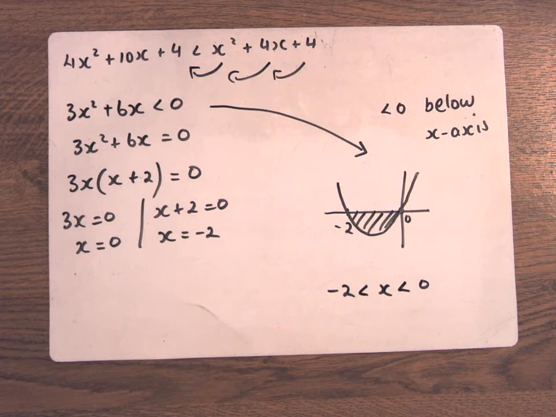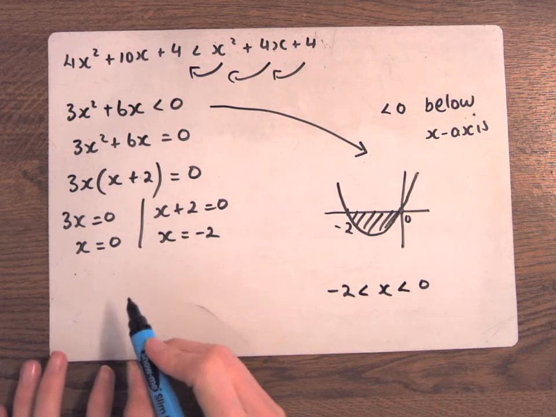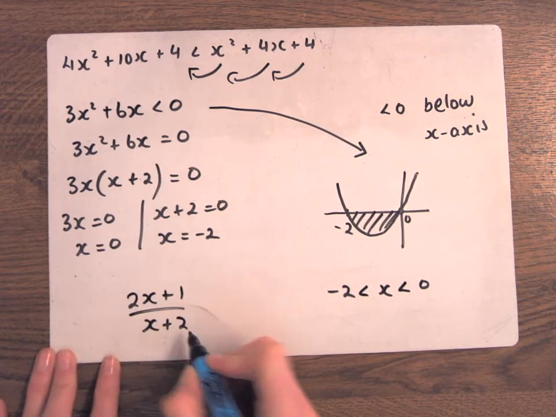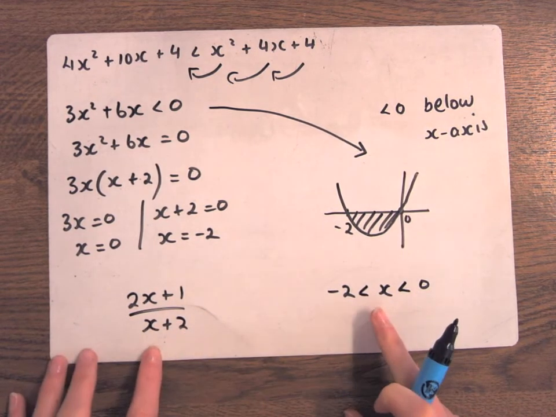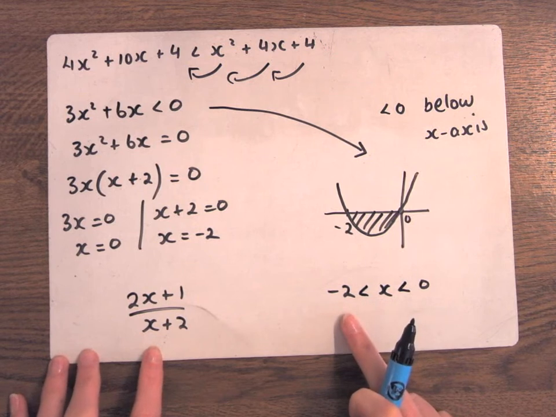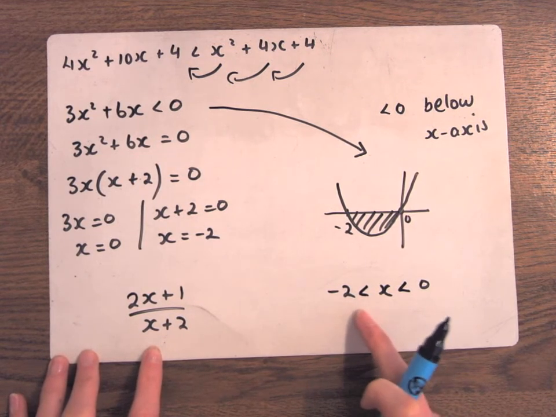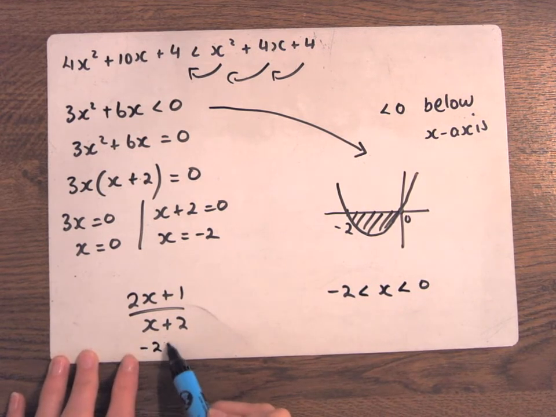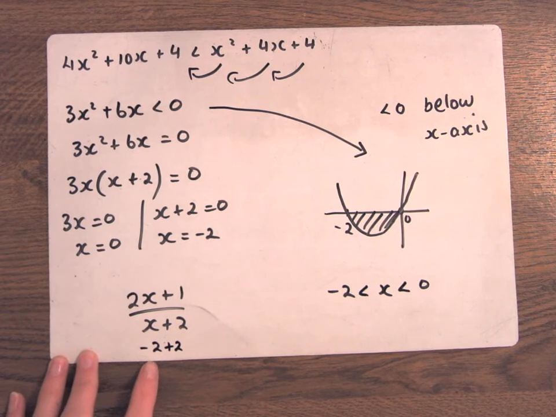Now, just a point to note. This was the question. X has to be bigger than minus 2. It couldn't be or equal to minus 2. Why? If this was minus 2 plus 2, what would I have on the bottom of the fraction? 0.